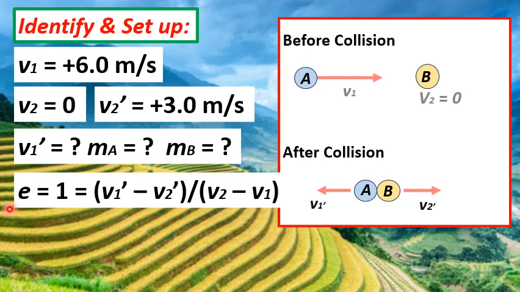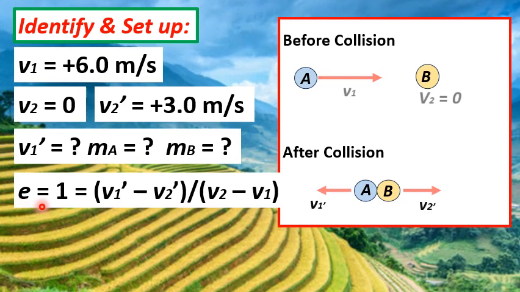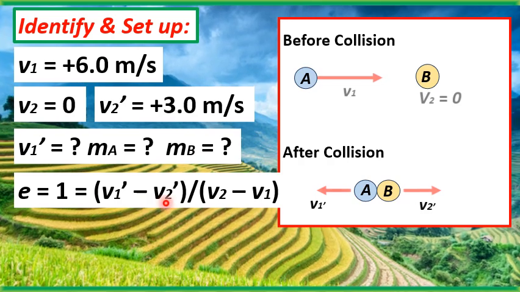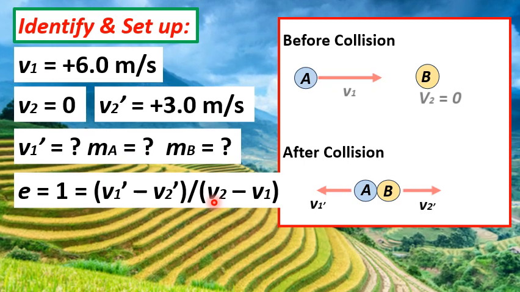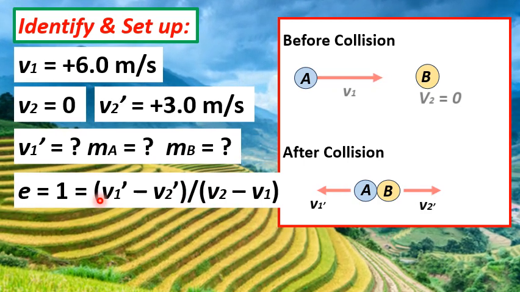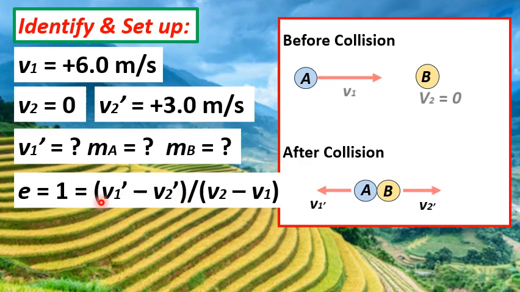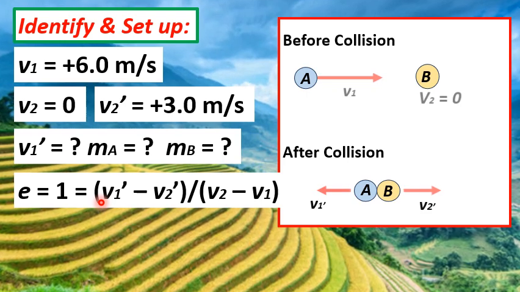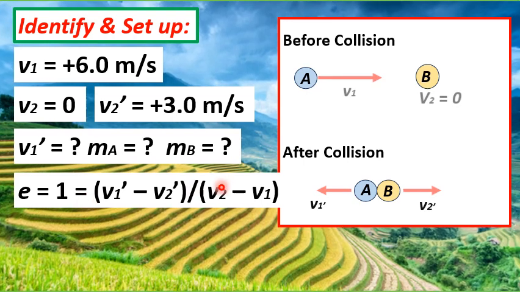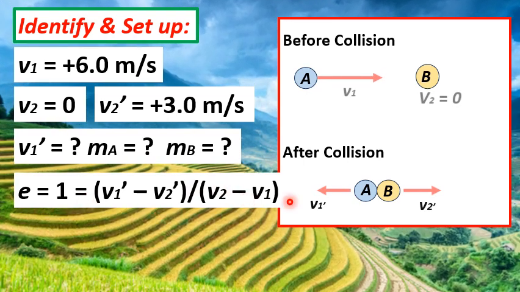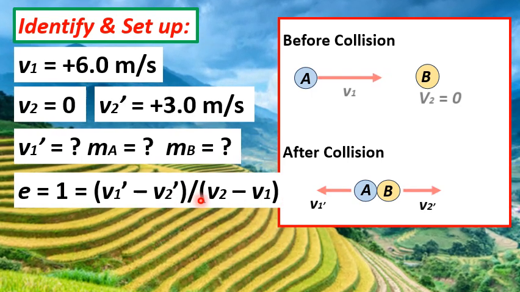The value of the coefficient of restitution equal to 1 is equated to the relative velocities of the two objects before and after collision. The quantity v sub 1 prime minus v sub 2 prime is the relative velocity of the two objects just after collision, while the quantity in the denominator, v sub 2 minus v sub 1, is the relative velocity of the two objects before the collision.